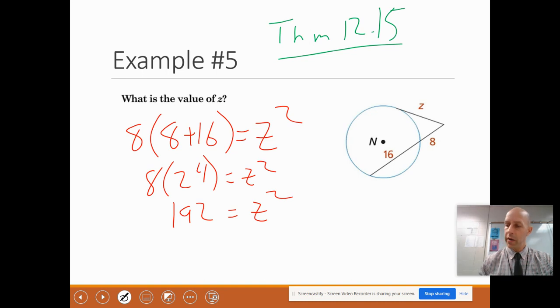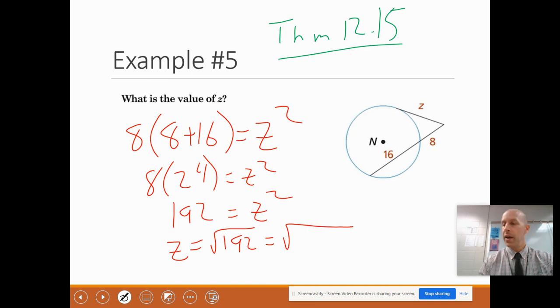The square root of 192 is a decimal that I don't want to mess with too much. So let's see here. 192. Let's see if 36 goes into that. Nope. Let's see if 16 goes into that. Okay, 16 does go into that. Let's see if 64 goes into 192. Ah, it does. So this is interesting. So z is going to be equal to the square root of 192.